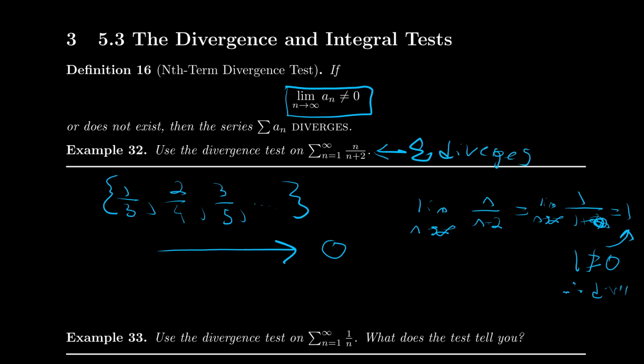So we say the series diverges. And when we say this, it's important that you tell me how you know that. You can't just write that the series diverges and move on.